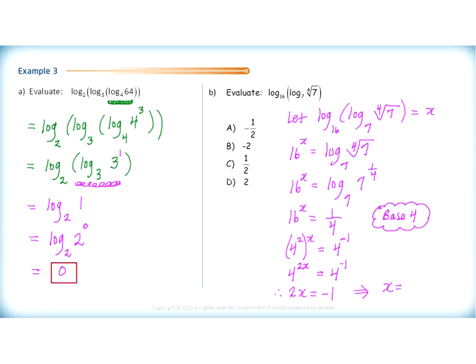Therefore, x is equal to -1/2. So that means that this whole expression is equal to -1/2, and that answer corresponds with A as our multiple choice item. There is more than one way to evaluate these logarithmic expressions, so it just depends upon what rule you choose to use first.